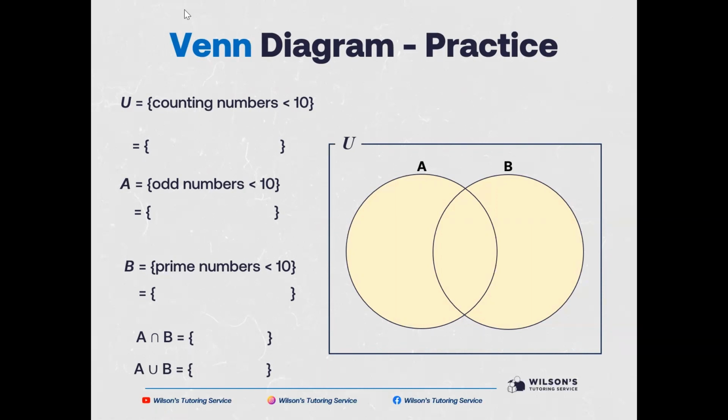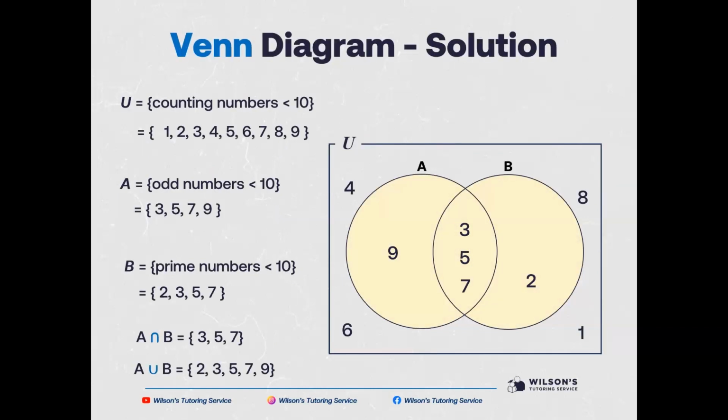All right, let's look at the solution. So the counting numbers less than 10 are 1, 2, 3, 4, 5, 6, 7, 8, and 9. While set A, which are the odd numbers less than 10, would be made up of the elements 3, 5, 7, and 9.